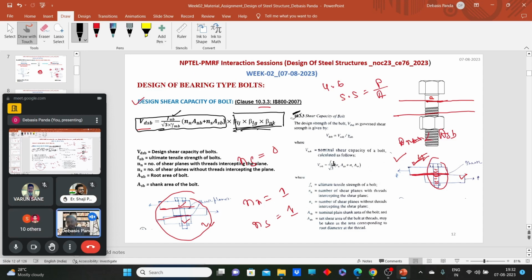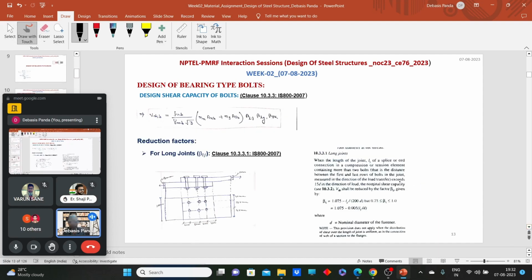What do these correction factors tell? The first correction factor is regarding long joints. Why are these correction factors introduced? Depending on the situation, the length of the joint, the grip length of the joint, even somewhere we have to provide packing pads also.